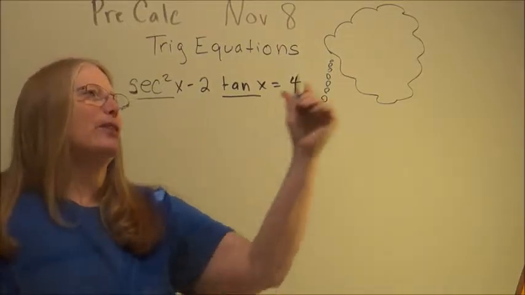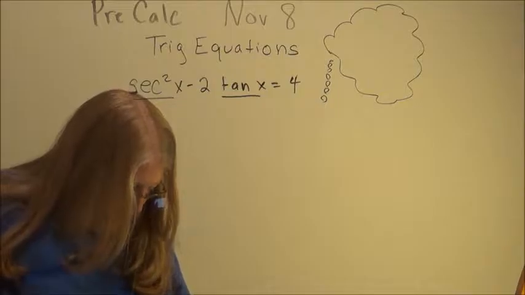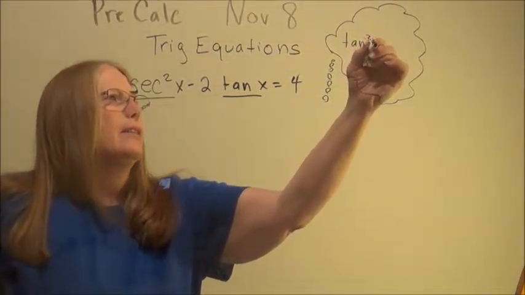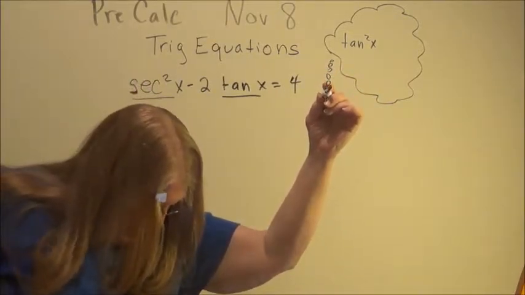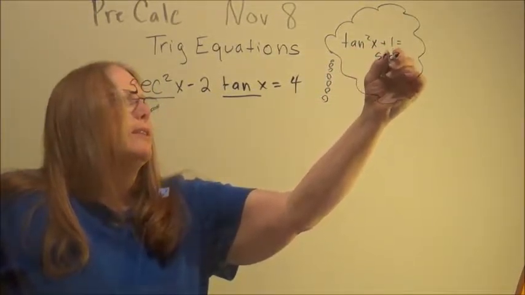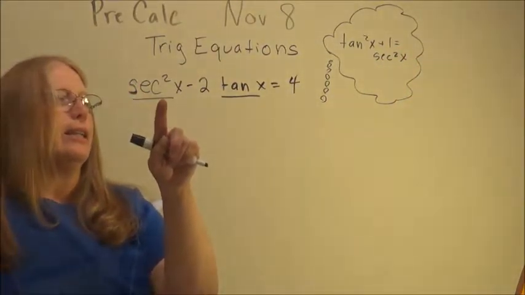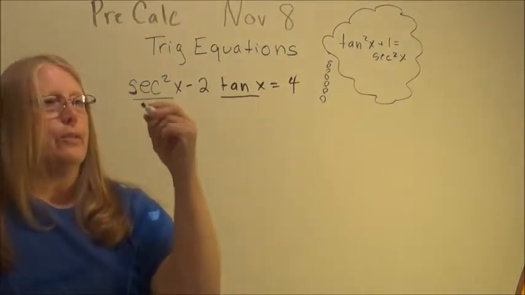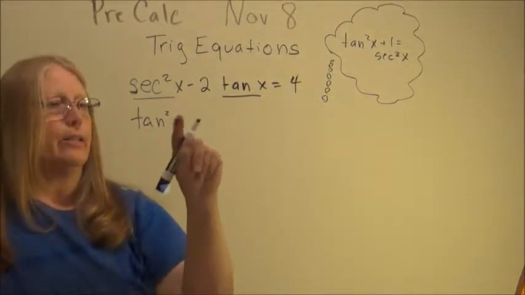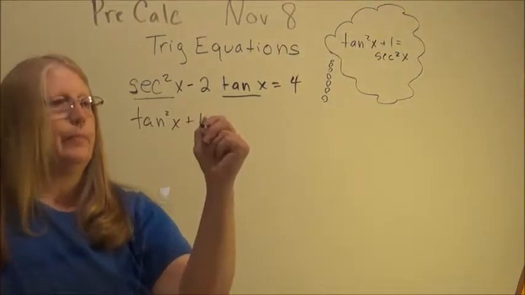So as you notice from our trig IDs, tangent squared x plus 1 equals secant squared x. It's one of the Pythagorean IDs, and we can represent secant squared x with tangent squared x plus 1.